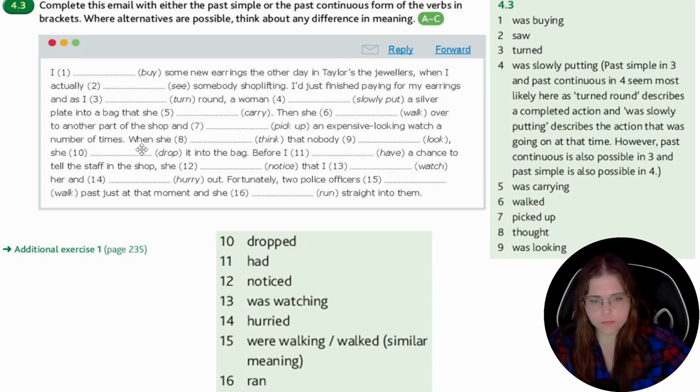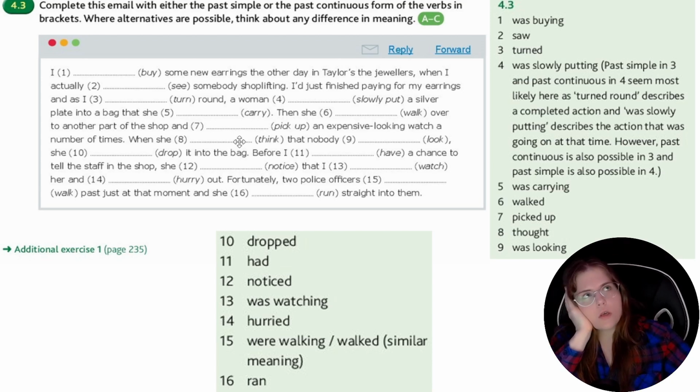When she thought that nobody was looking, she dropped it into the bag. When she thought, if it were she was thinking, it would be something like, I was thinking so much and it was very long and so on.